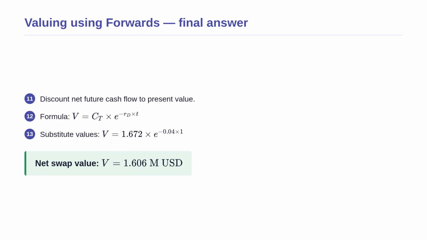We multiply 1.672 by our discount factor of 0.9608. This shrinks the future money down to its present-day equivalent, giving us a final calculated value of 1.606 million US dollars. Notice that this is the exact same answer we obtained using the bond valuation method. Both methods are perfectly valid and yield the same result.